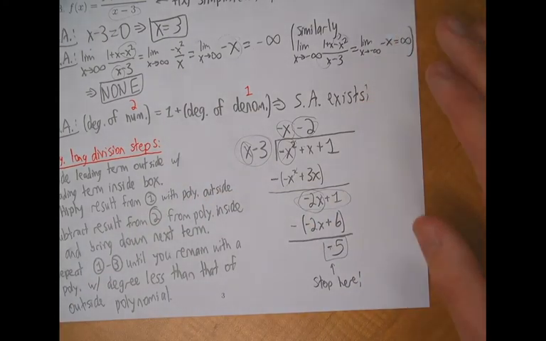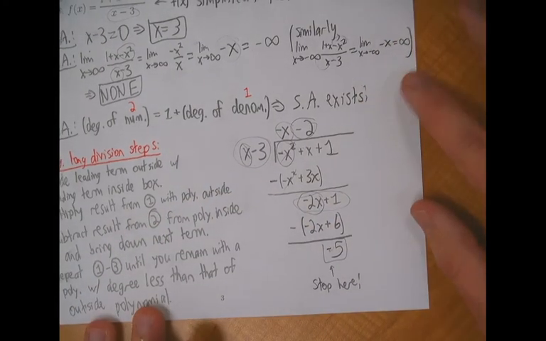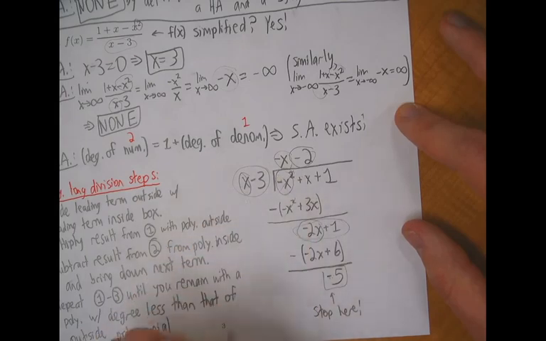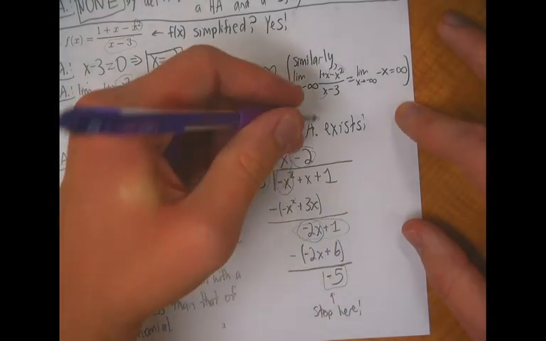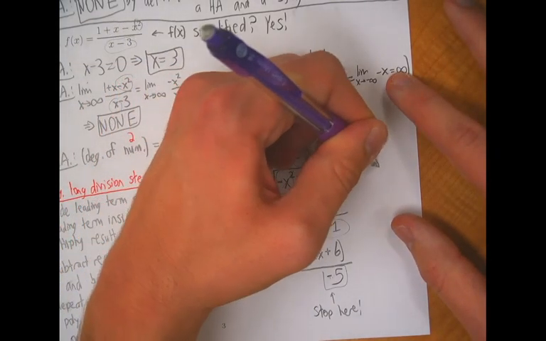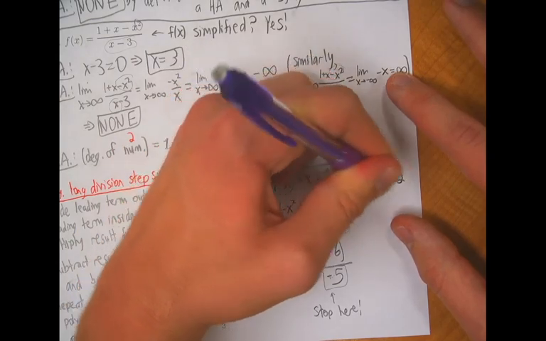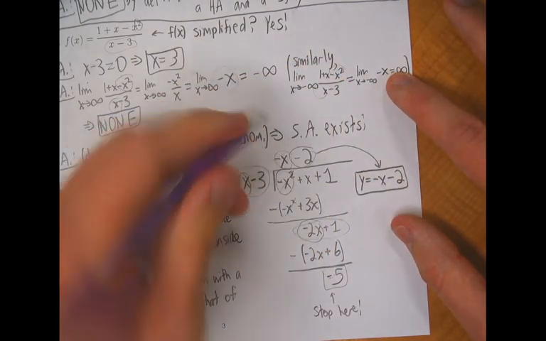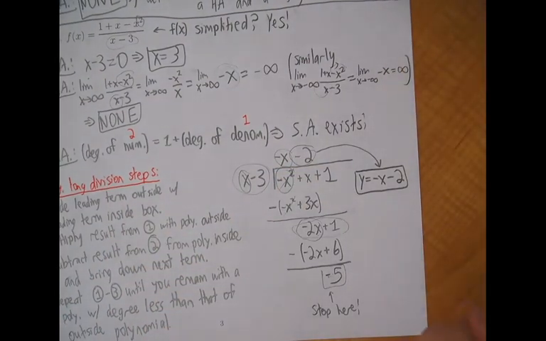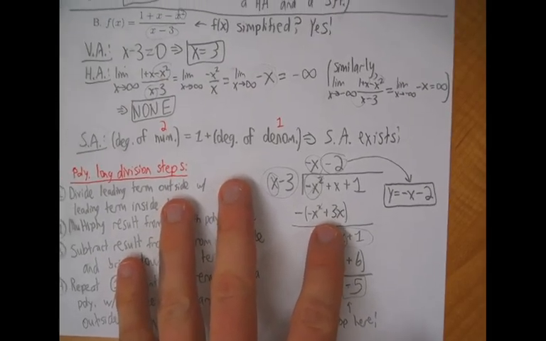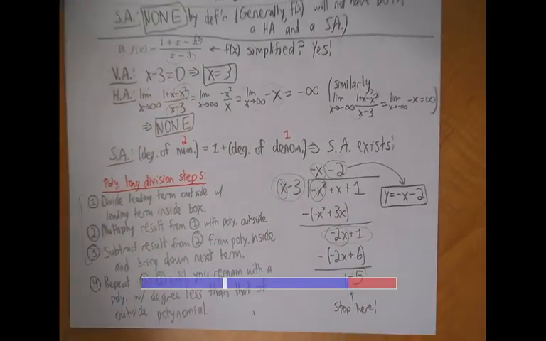Our slant asymptote then becomes y equals negative x minus 2, just the result up here, above the box. So that's part B essentially. That's how we find slant asymptotes with polynomial long division.